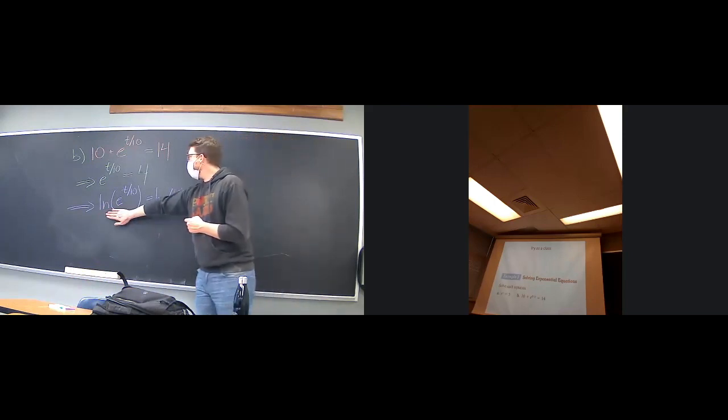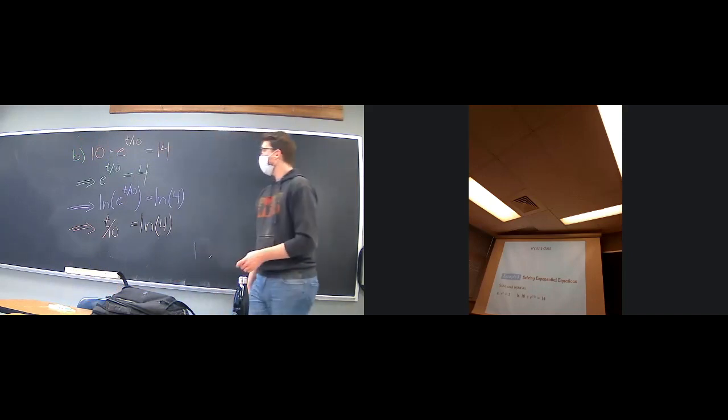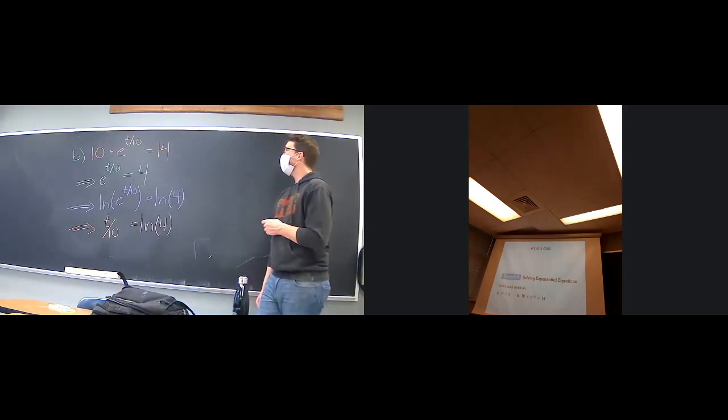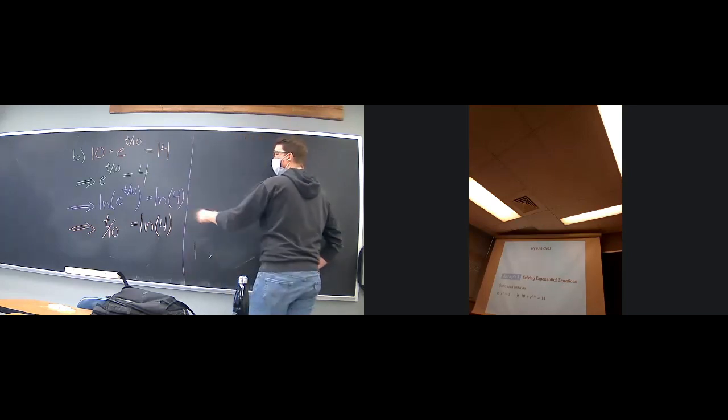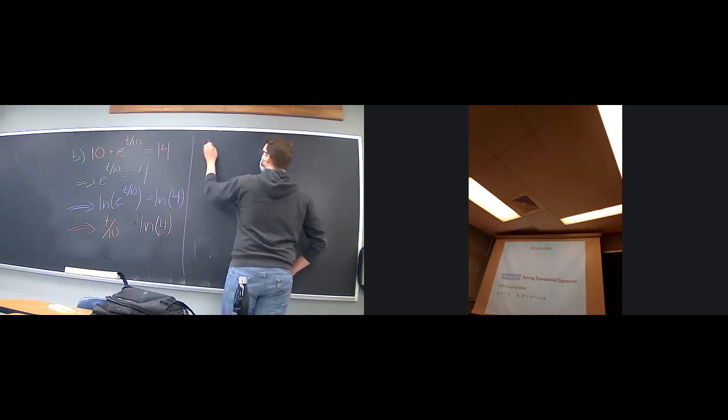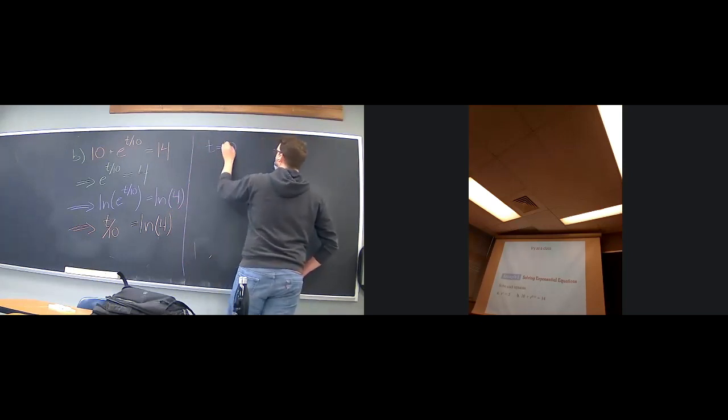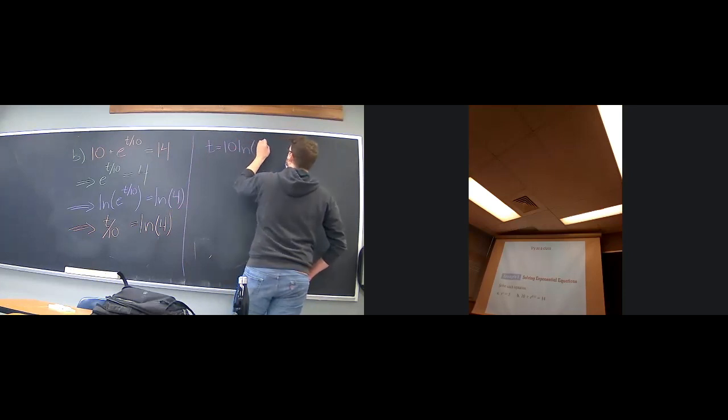So what we're going to be left with here is just t over 10. So, multiplying both sides now by 10, we get that t is equal to 10 times the ln of 4. And that's it.